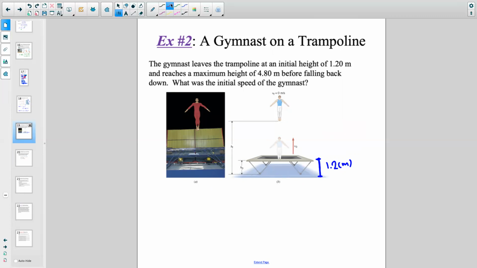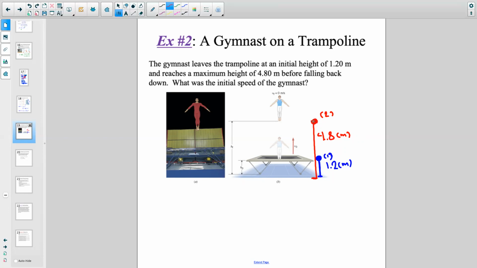So he will go 4.8 meters up all the way. So that's my point 2. So this is point 2 and this is point 1.